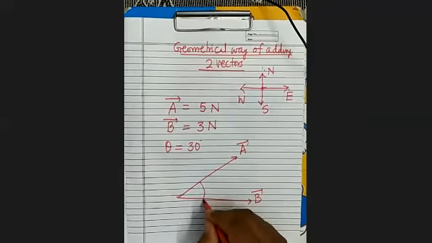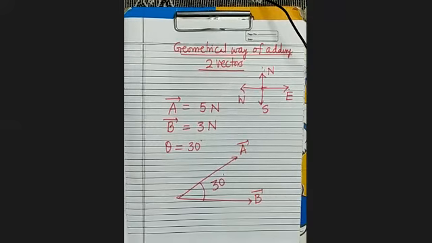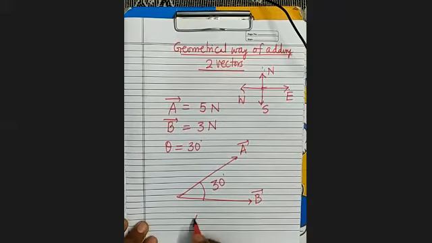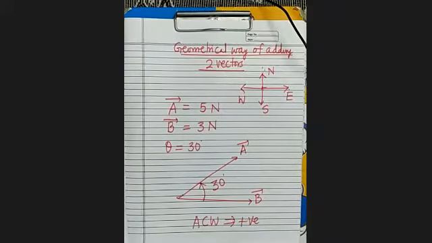Then the angle will be 30 degree here. And angle is always measured in the anti-clockwise direction. Anti-clockwise direction is taken as the positive direction.